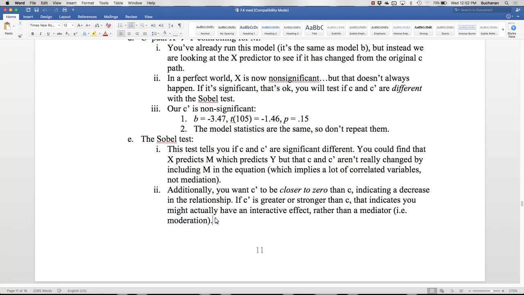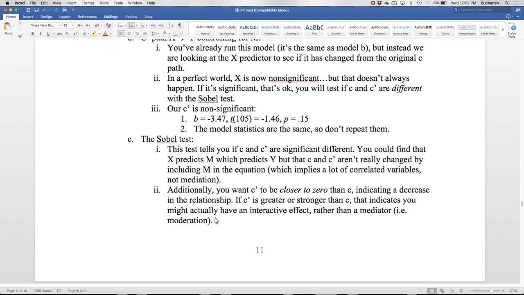If, when you add M, C gets bigger, so if C prime is larger than C, so adding the mediator made the relationship stronger, that is probably moderation.